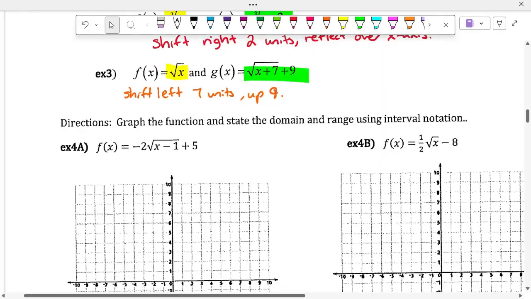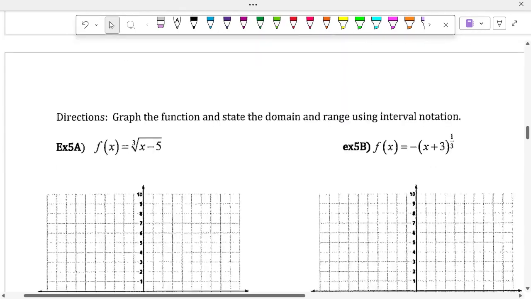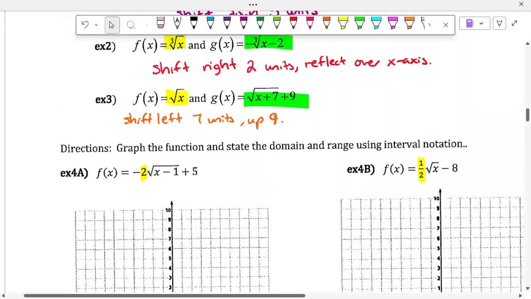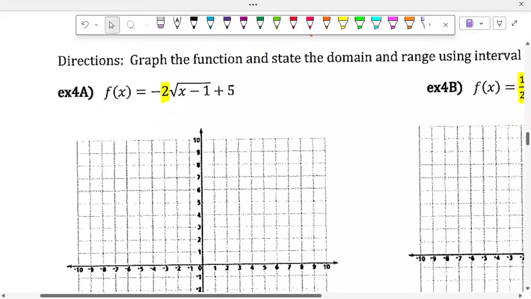All right. So remember, dilation, so whether it gets thinner or wider depends on any coefficient that's not a -1 being multiplied on the outside. So, all right.